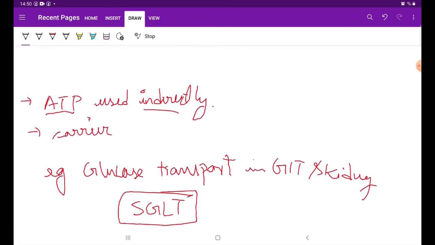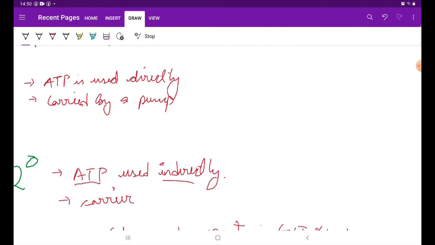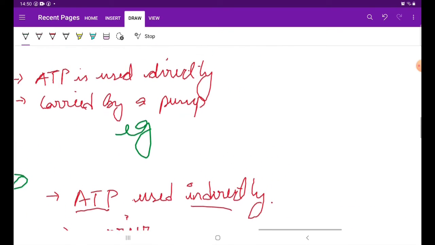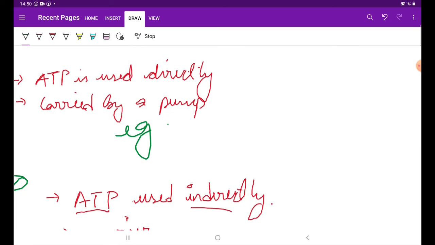Okay, and as an example for primary active transport, you can just think about the sodium potassium pump.